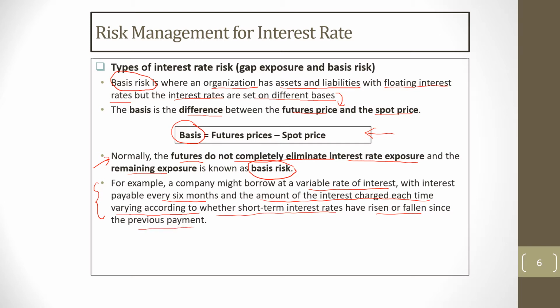Okay, so ini yang dimaksudkan, dia bagi contoh macam mana basis risk dapat berlaku disebabkan the variable rate of interest. Okay, variable rate of interest sama dengan floating interest rate. So, you kena tahu. Kadang-kadang dalam soalan dia mungkin akan tanya variable. So, you have to make sure yang you tahu the floating interest rate and variable rate of interest.